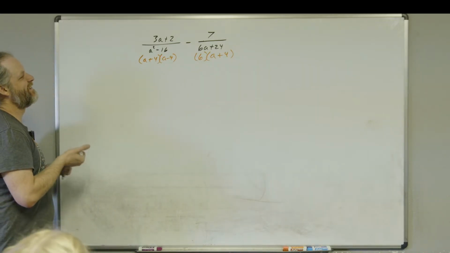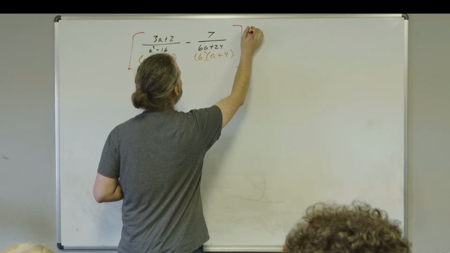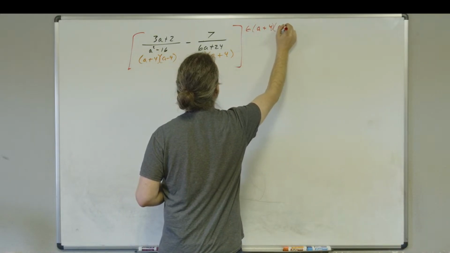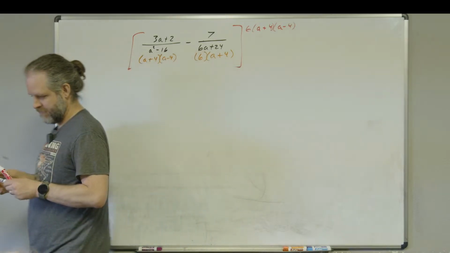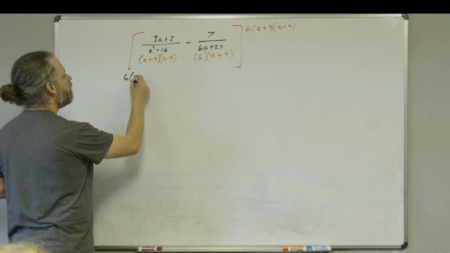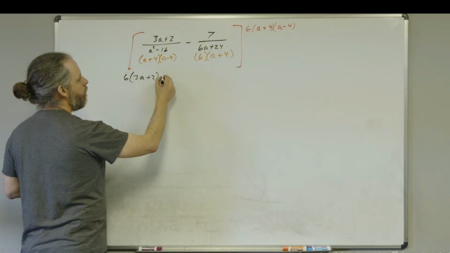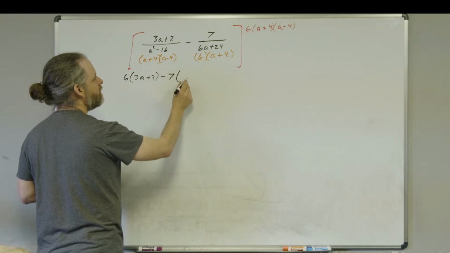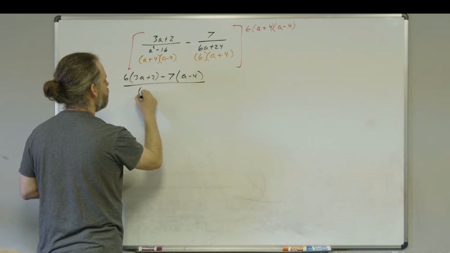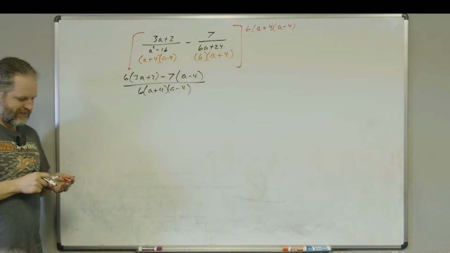Multiply each thing by each other. Does that seem reasonable to everyone?